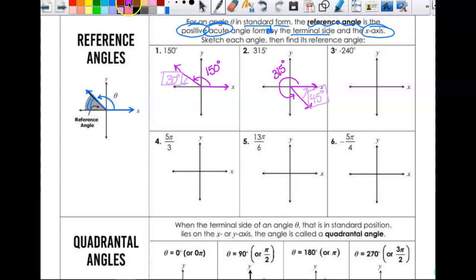All right, negative 240. So I'm going to start here. I'll go this way, so this will be negative 180 and then negative 270. So I'm not hitting 270, I got to stop 30 before it, so it'll be right about here. That would be my negative 240.